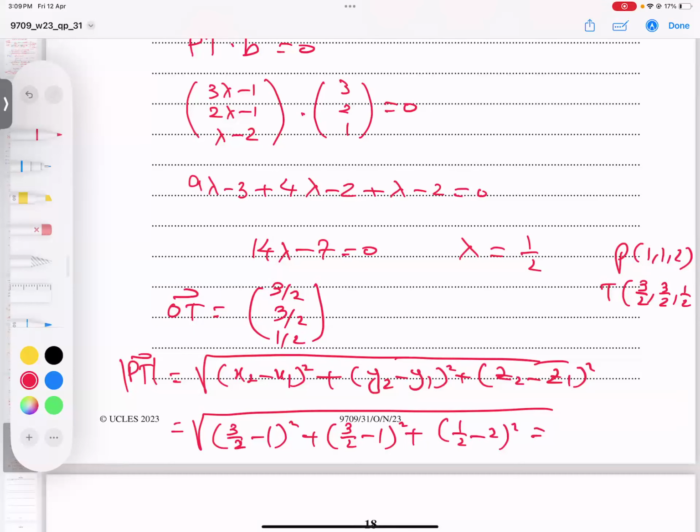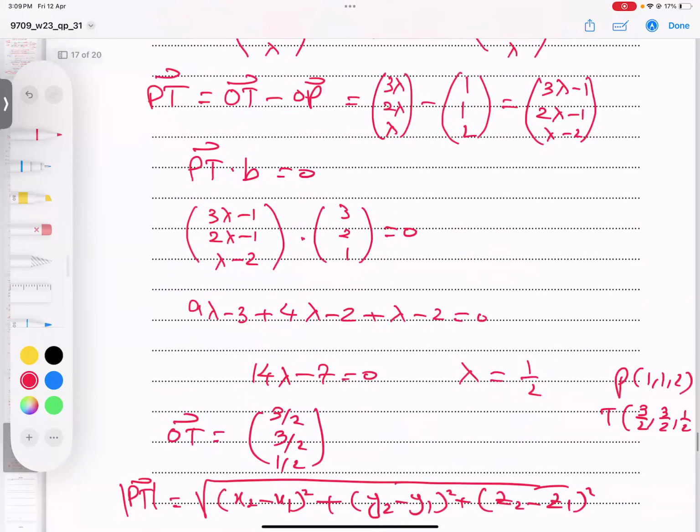Okay, I'm typing in the calculator, students. So 3 divided by 2 minus 1, half square, is 1 by 4, plus 1 over 4, plus... wait a minute, let me check again. Hold on, let me check again.